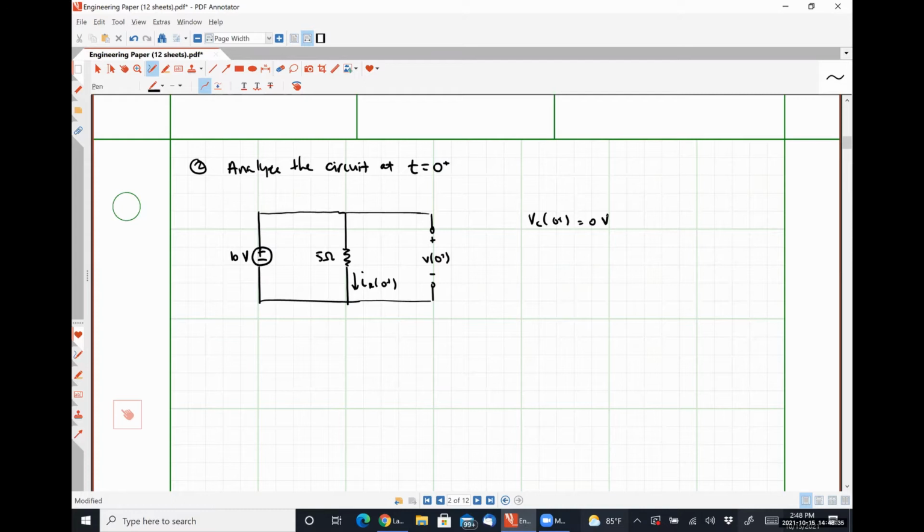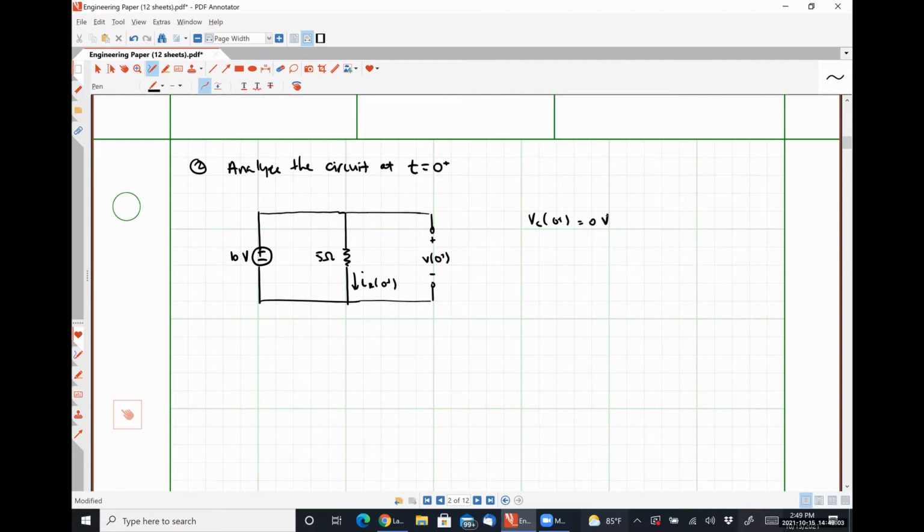Now, this is an interesting problem here. How do we represent a 0 volt voltage source? A short circuit, okay? So because the voltage drop across the capacitor was 0 at t is equal to 0 minus, that is why we are going to model it as a short circuit at t is equal to 0 plus.